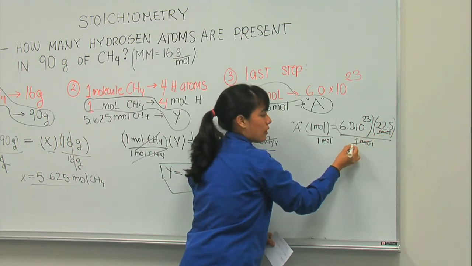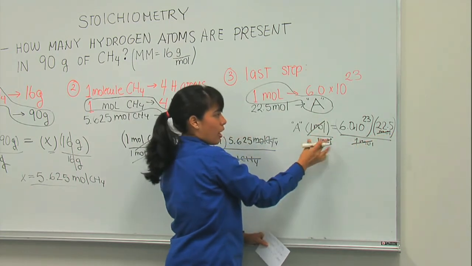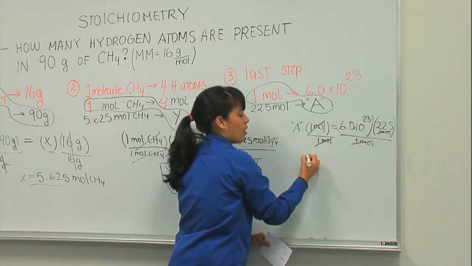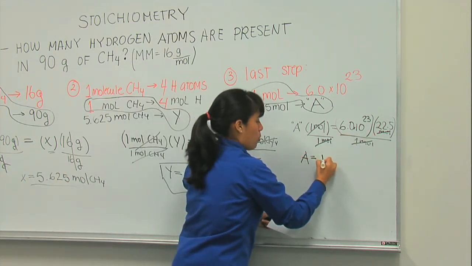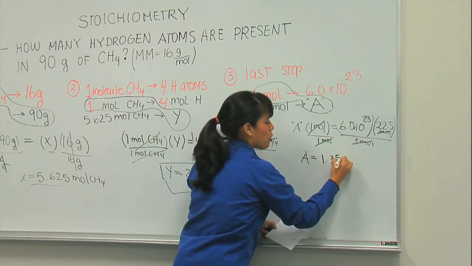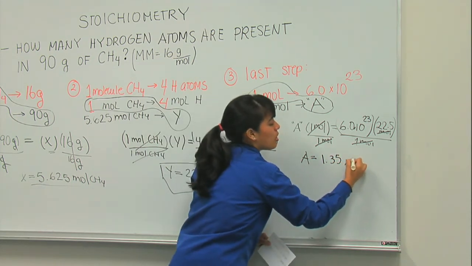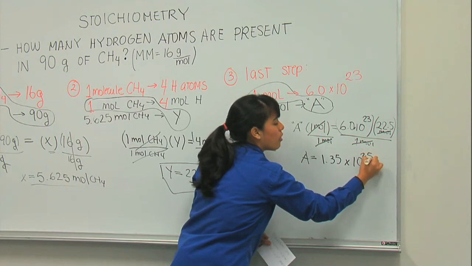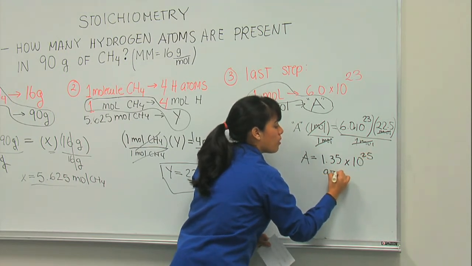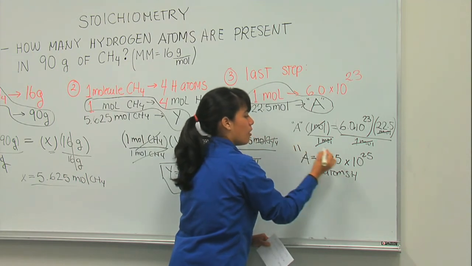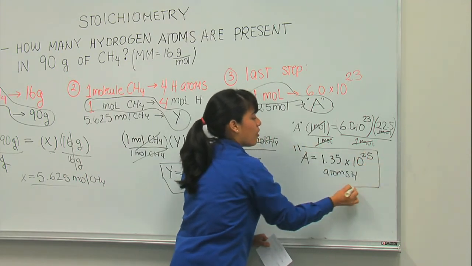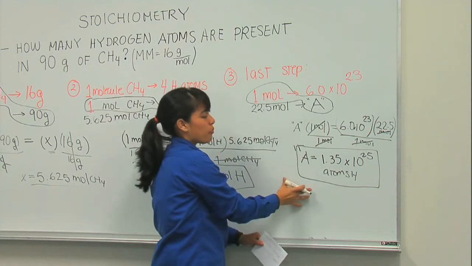So moles get cancelled, and after you do the math, the answer is 1.35, I'm just using 2 decimals, times 10 to the 25 atoms of hydrogen. And this is the final answer of the problem.